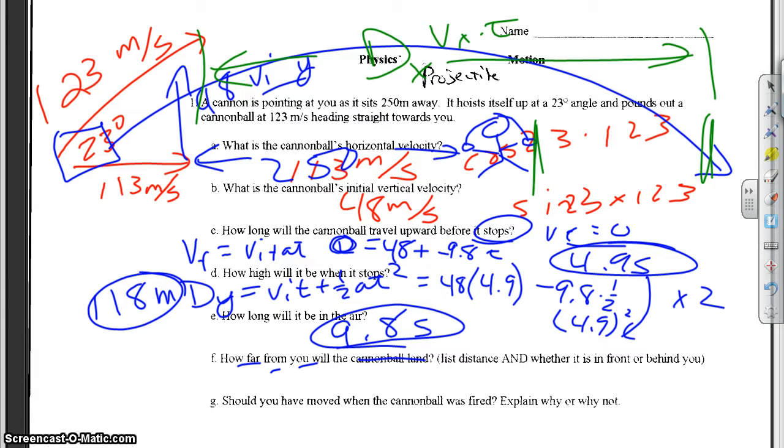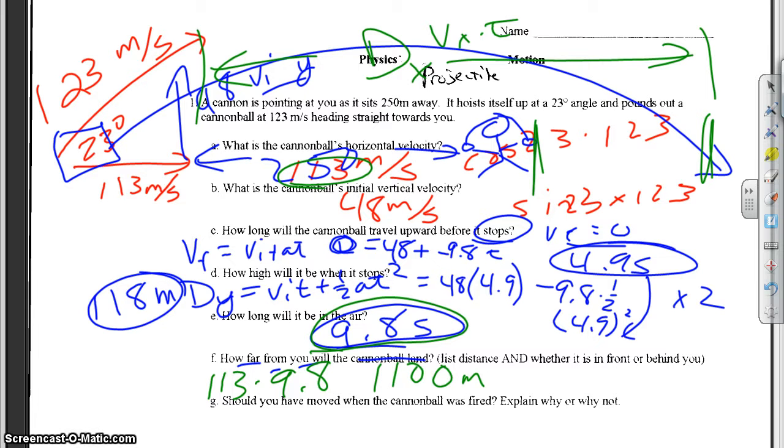Vx is 113 from before, and t, the total time in the air, is not just the up, because it also travels in the x while it's going down, so 113 times 9.8. That turns out to be, depending on how many sig figs you use, I guess we can only justify a couple of sig figs, so 1100 meters.